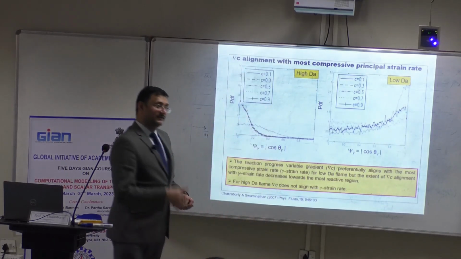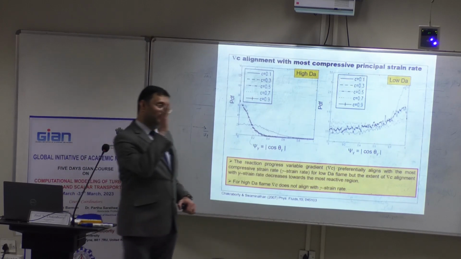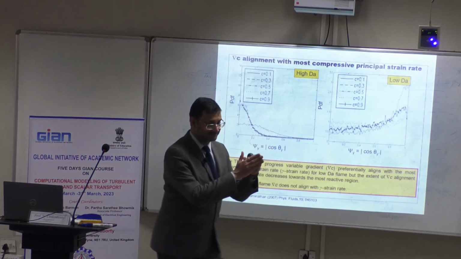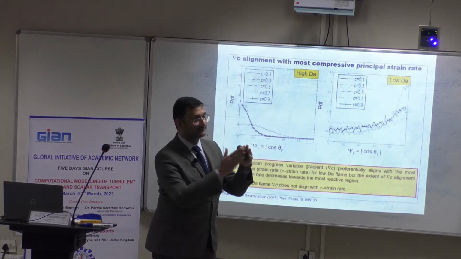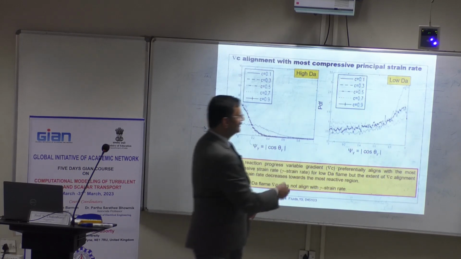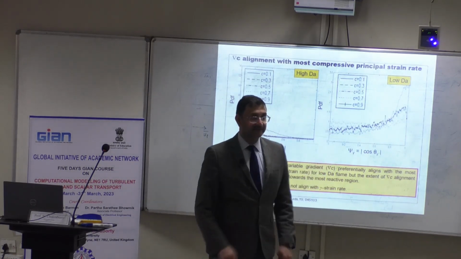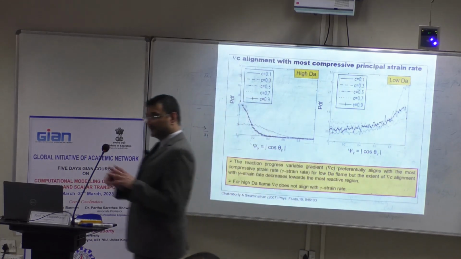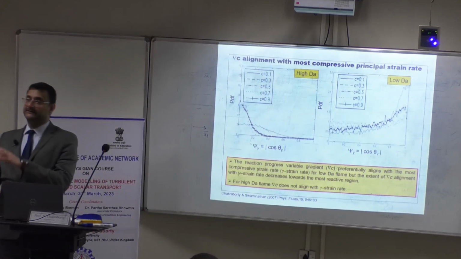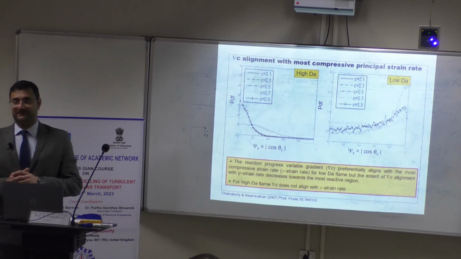As I told, if Damköhler number decreases, you are going from the reactive region to the non-reactive side. So in passive scalar mixing, you see this behavior. In the case of passive scalar mixing, without chemical reaction, scalar gradient preferentially aligns with the most compressive principal strain rate.